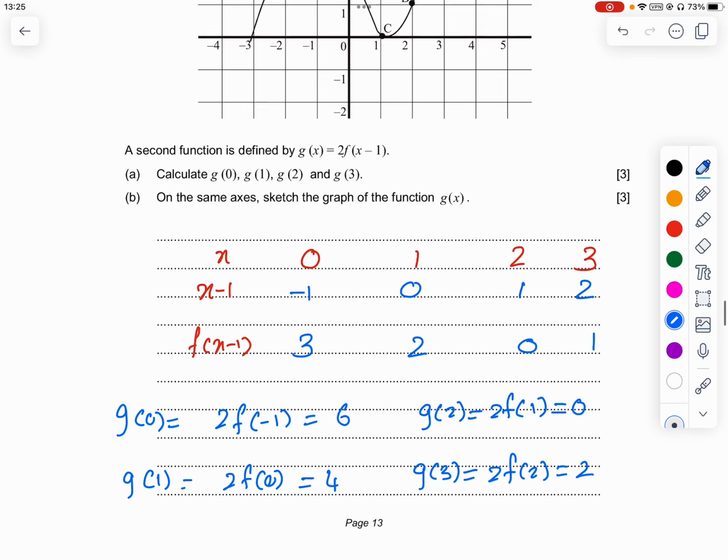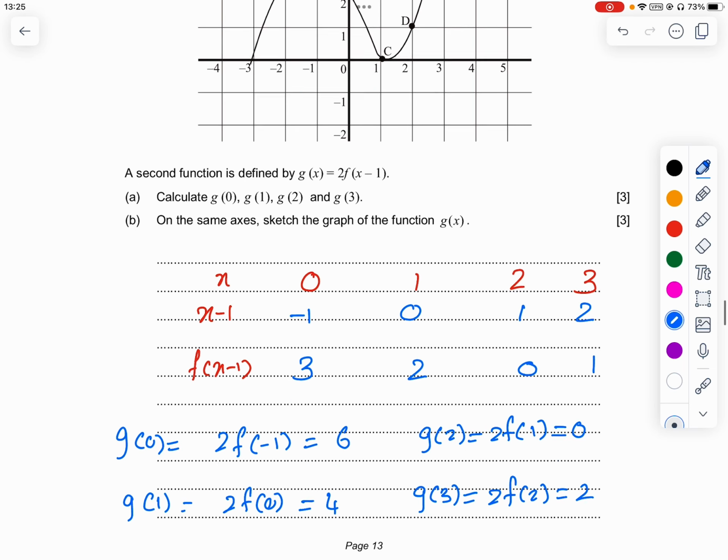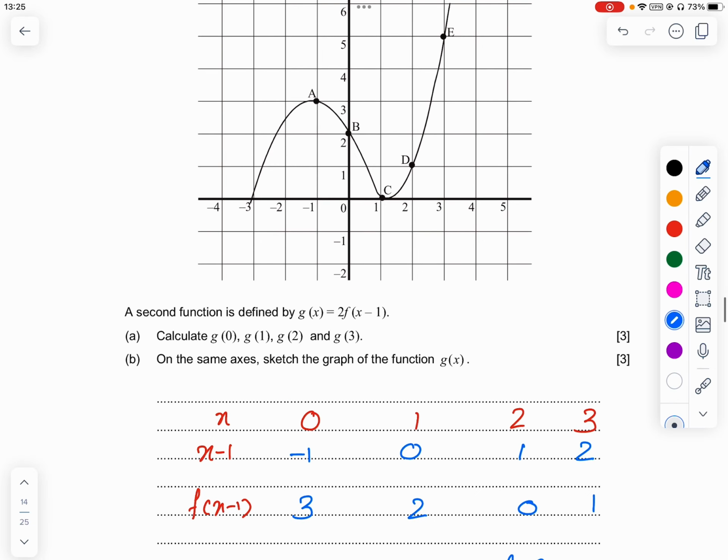So on the same axis, sketch the graph of the following. So what am I going to do? I'm going to plot the points 0, 6, 1, 4, 2, 0, and 3, 2.